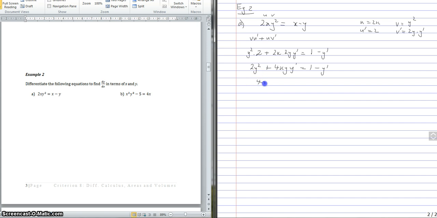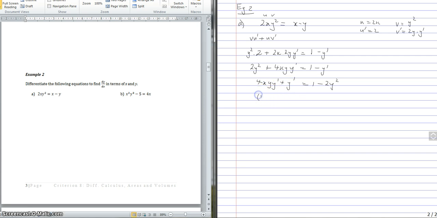So we have 4xy y dash plus y dash equals 1 minus 2y squared, and we need to take out a factor here to make sure we get y dash by itself.